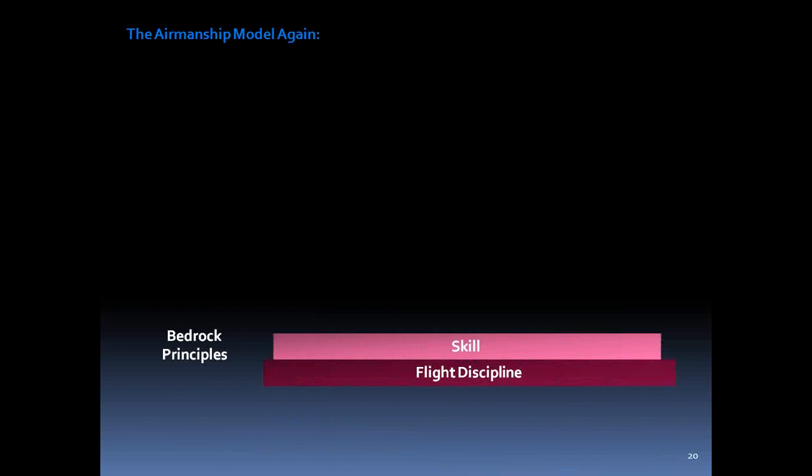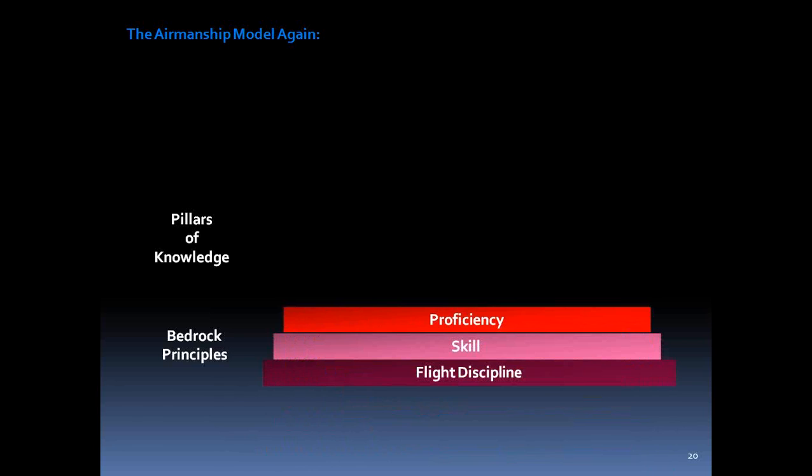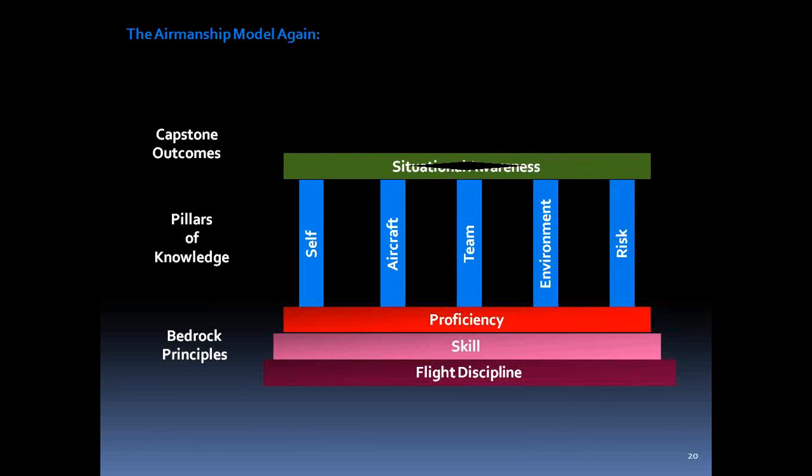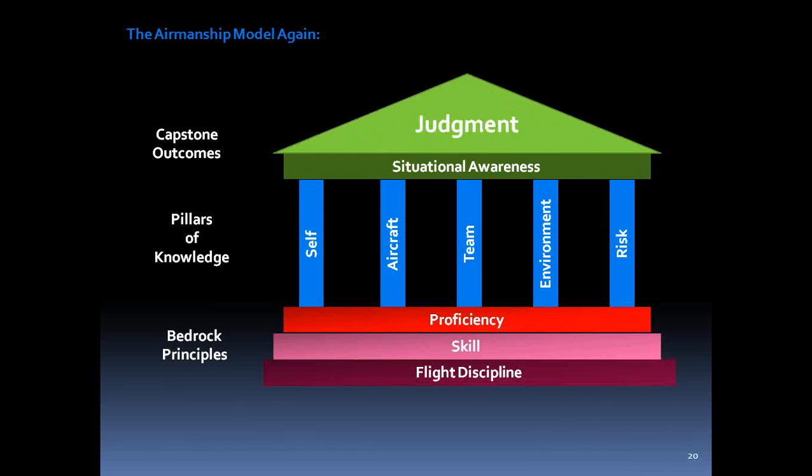If we practice as airmen the bedrock principles of flight discipline, skill, and proficiency, while always striving for a more perfect knowledge of ourselves, the aircraft we fly, our team, the environment we operate in, and the risks we face, then we can expect ever-improving capstone outcomes of increased situational awareness and judgment.